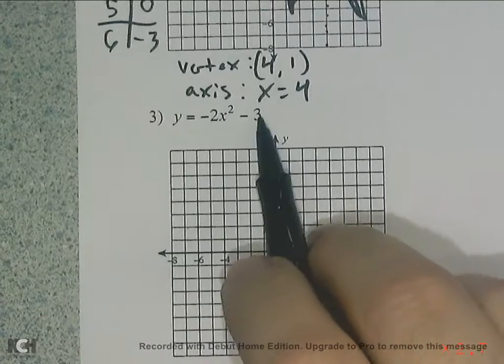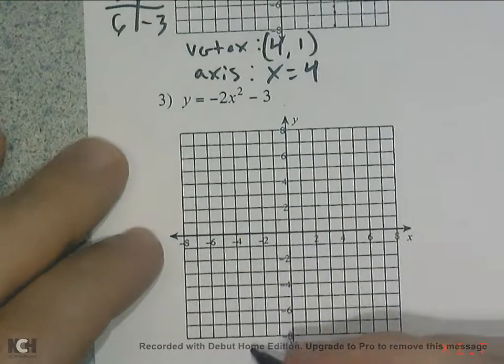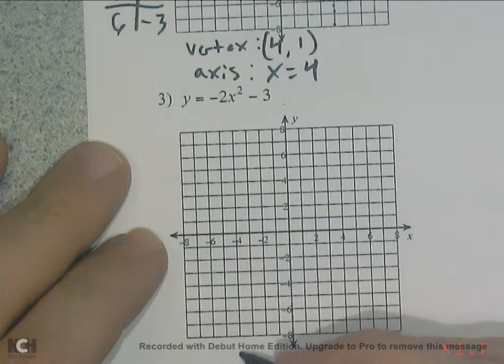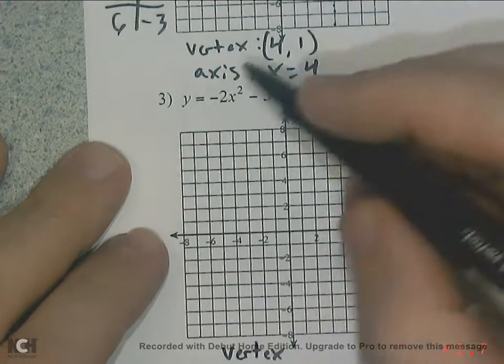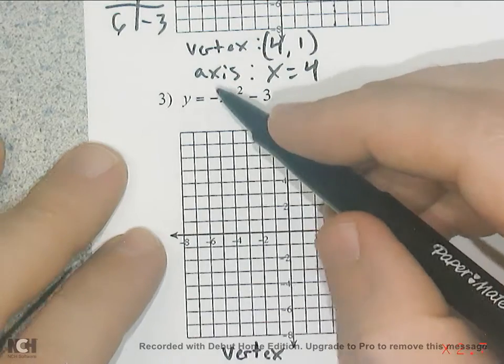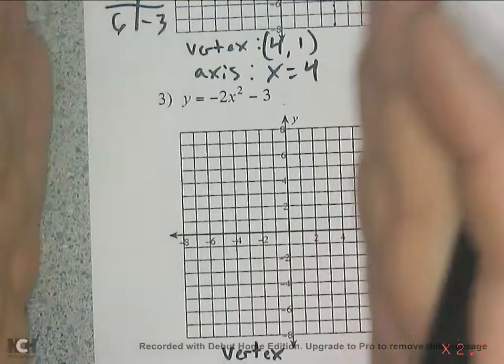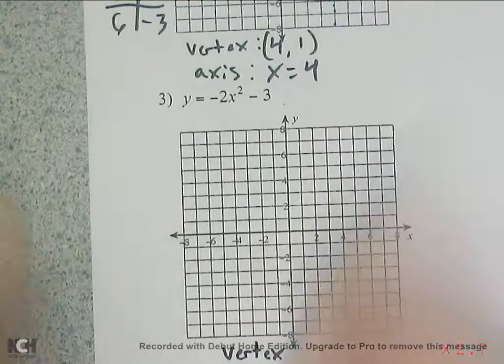We have negative 2x squared minus 3. So again, starting with my vertex, this 2 actually doesn't do anything but compress my parabola, makes it a little bit more straight, or steeper, I should say.